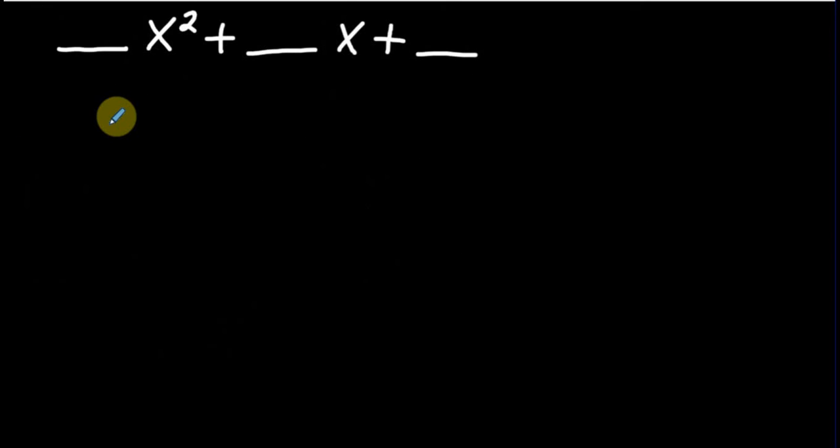Okay, so remember, the equations and functions we just looked at all had an x squared in them. They all had an x in them, and they all had a constant. Now, let me change my colors here for this part.